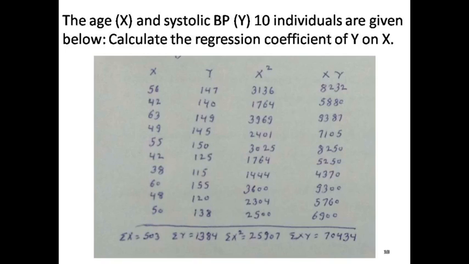The multiplication of 56 and 147 is 8232. Similarly all multiplication values are calculated. So in this way we have all the values.